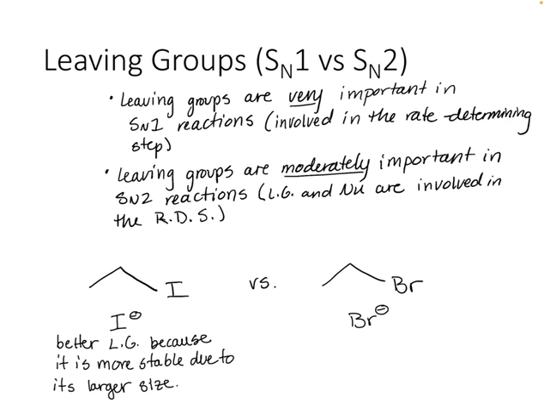So back then we were using CARDIO rules, and you can do the same thing here. You can step through, okay, what's the charge? Well, we have a negative charge on both of these atoms. And then the next letter is A for atom. So then we compare the atoms. And in this case, they're both in the same column. So we want to compare them based on their atomic radius. And iodine was the larger atom, so it accommodates the negative charge better.